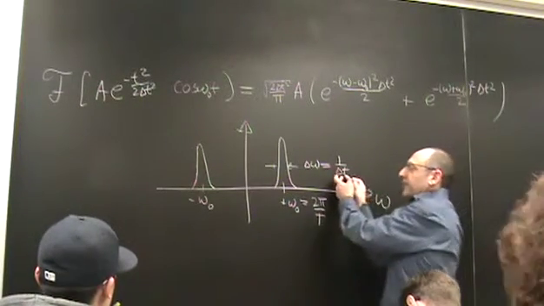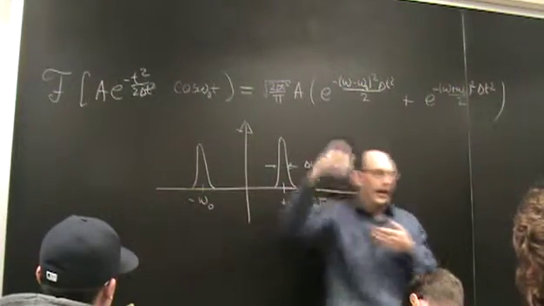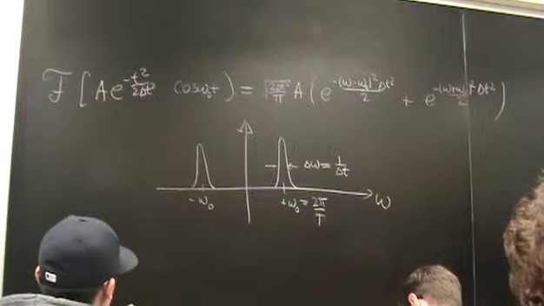And as delta t goes to infinity, this becomes delta functions, which would be the case of an infinitely long wave train.